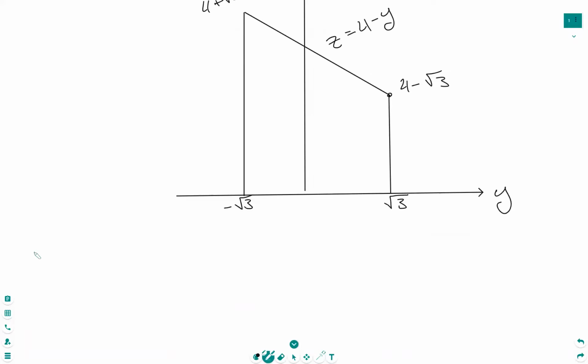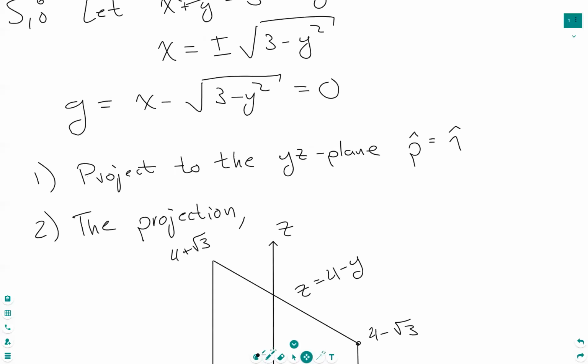For step 3, we'll say that this is G plus because we chose the positive version. So we can retroactively put our little plus here.